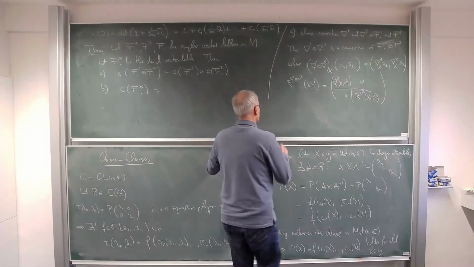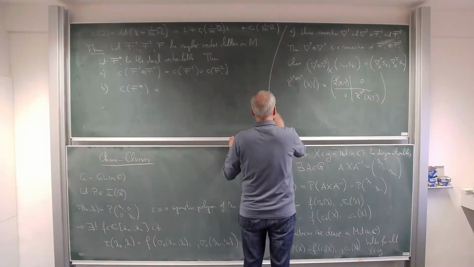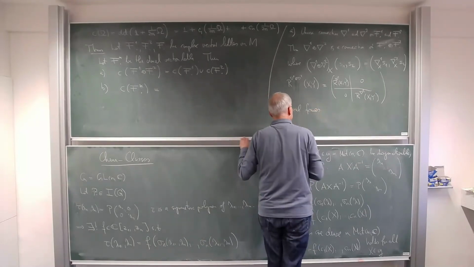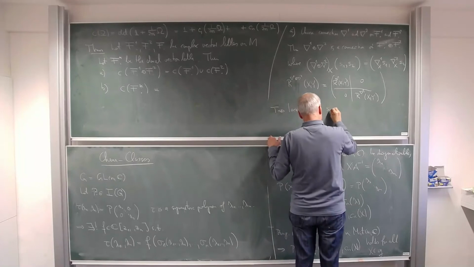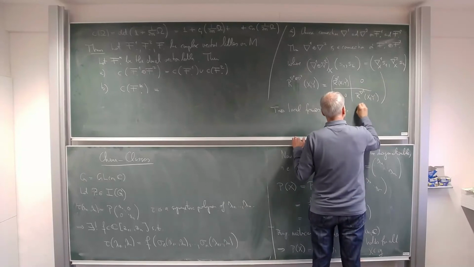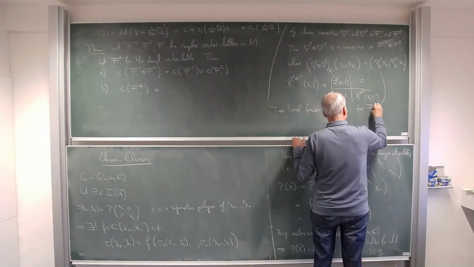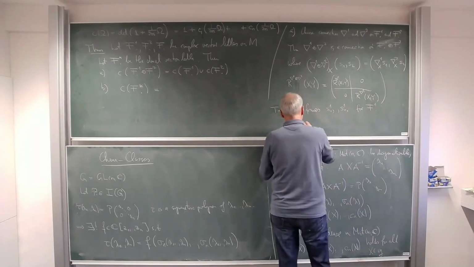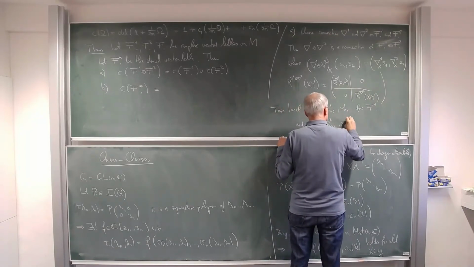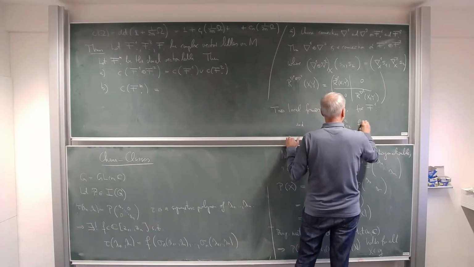And now, two local frames. S 1, 1 all the way up to S 1 n 1, this one for F1, and S 2, 1 all the way up to S 2 n 2 for F2.